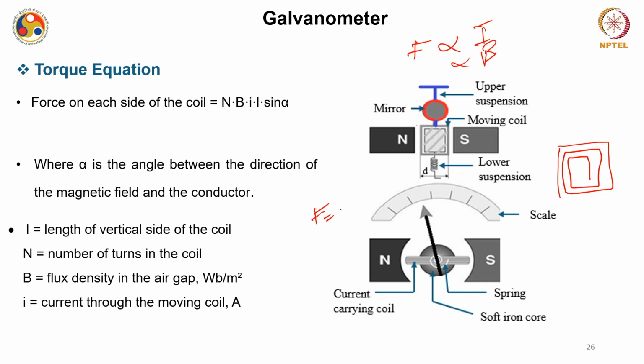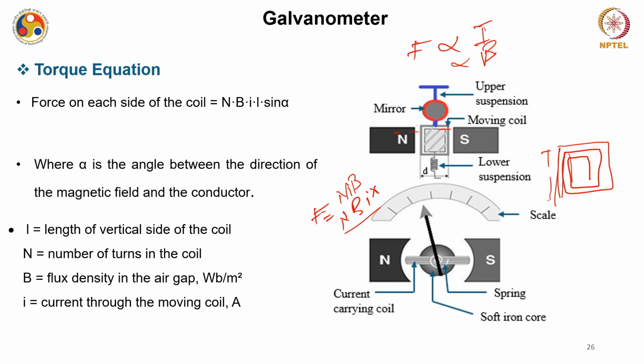So this force is equal to N I into B, or N B I, into the length of the vertical side of the coil. This is the vertical side of the coil, because it is experiencing the magnetic lines of force. So into L, and of course sin alpha, where alpha is the angle between the direction of the field and the conductor. I am considering each turn as a conductor.